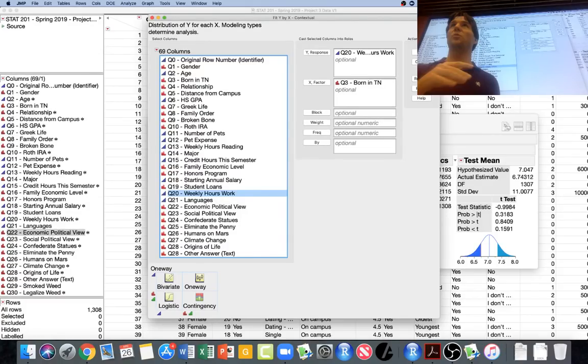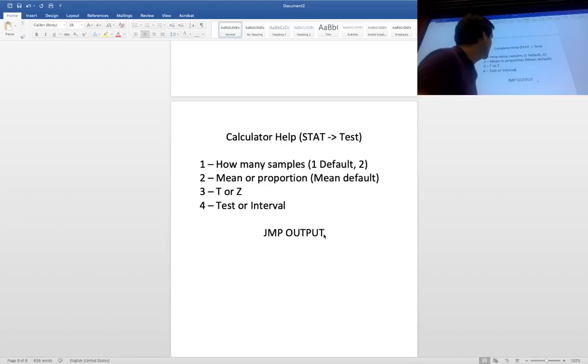I'm going to have to hop back to here, and we need to write a null and alternative again. And our null and alternative, let's grab the null and alternative. Let's go to here.